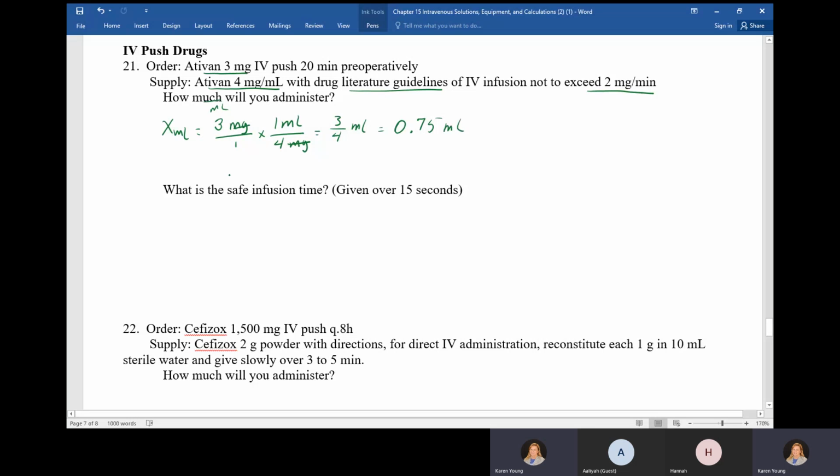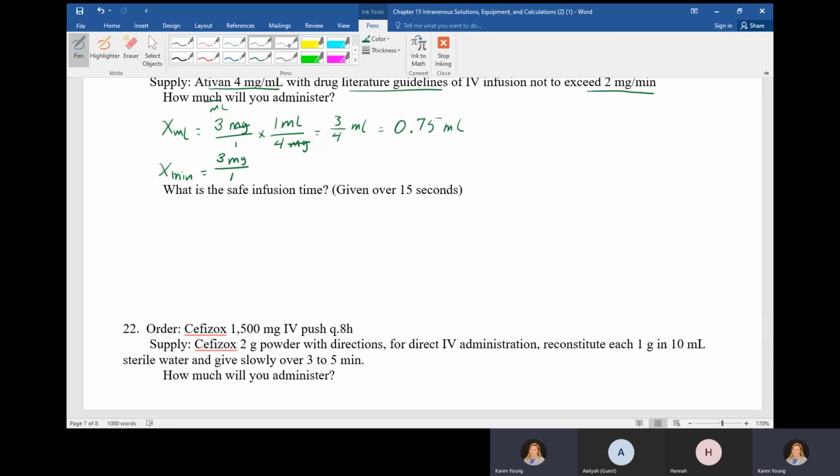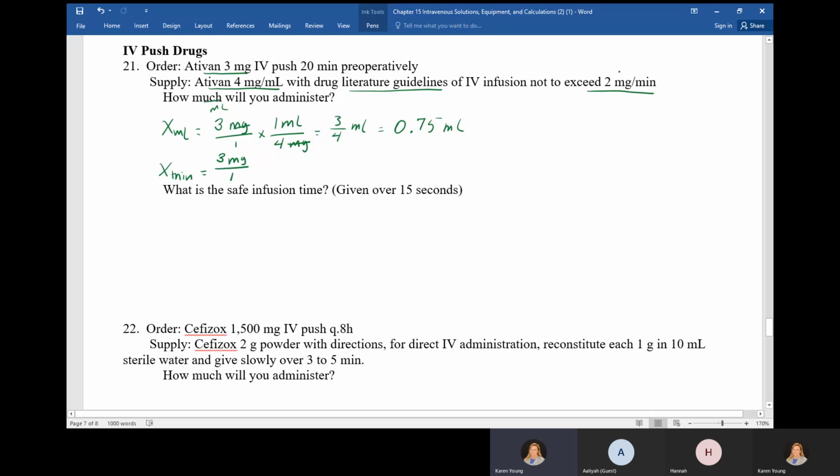And then the next thing we want to know is over what time. And my time is going to be in minutes. So I still use my doctor's order. And this time I'm going to use my rate in milligrams, where it's not to exceed, which I call my safe rate. So 1 minute, 2 milligrams.